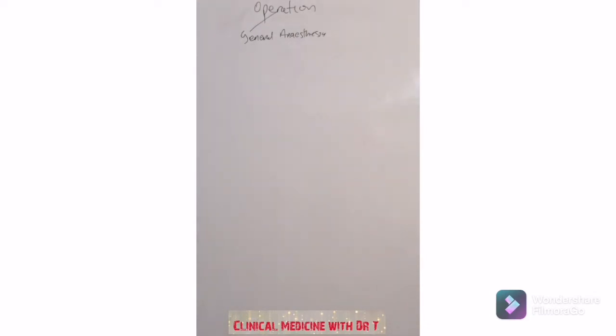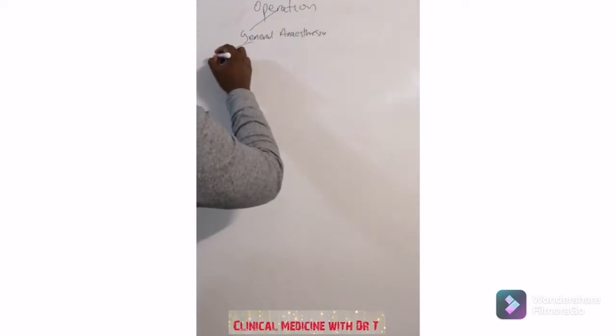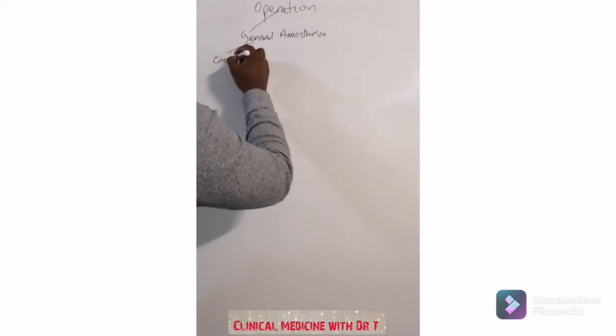Now that we've got a patient for operation and we know that the patient needs a GA, the next important thing is: is this patient an emergency or an elective?